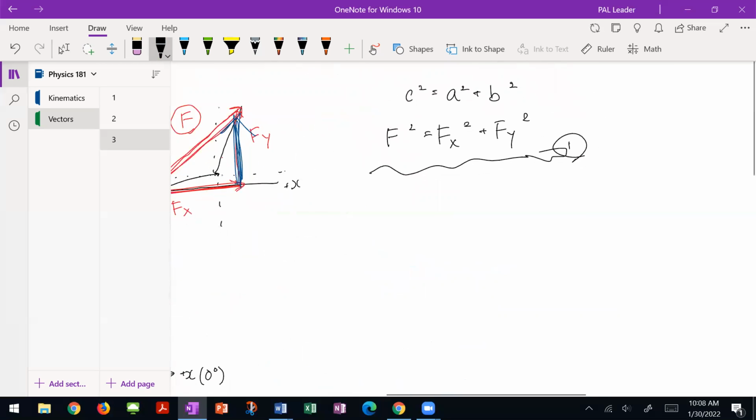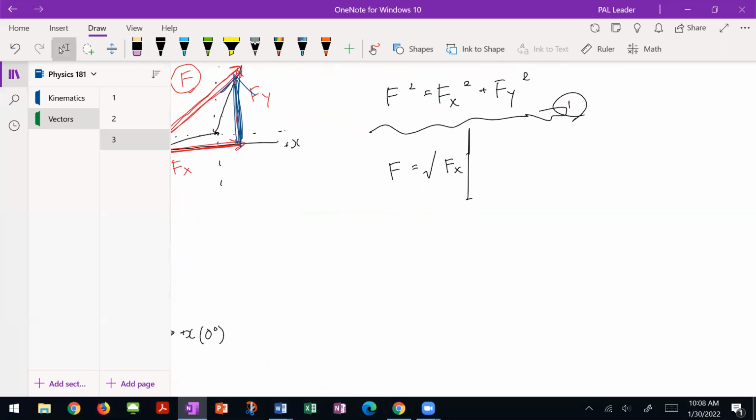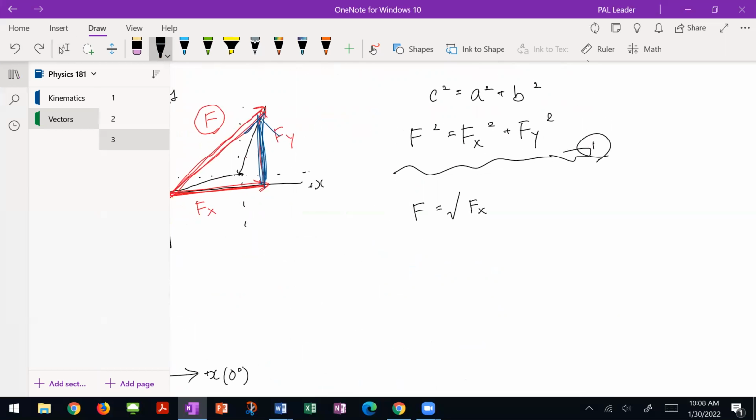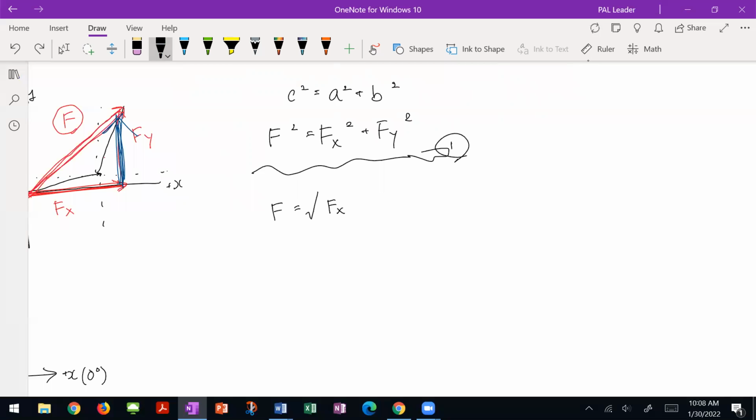But again, before I do that, I want to get rid of the squared on the F. So I'm just going to take the square root of both sides. So it becomes the square root of Fx squared plus Fy squared.